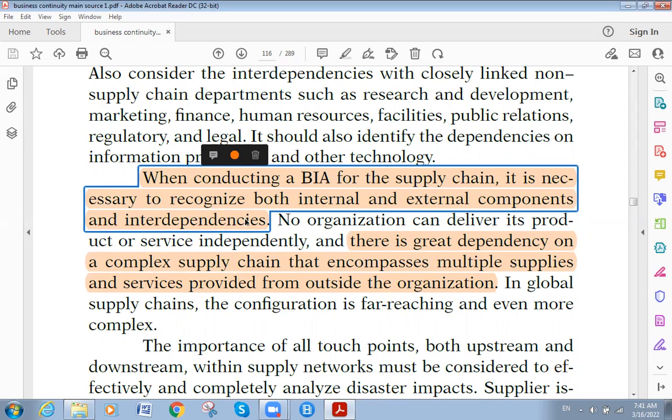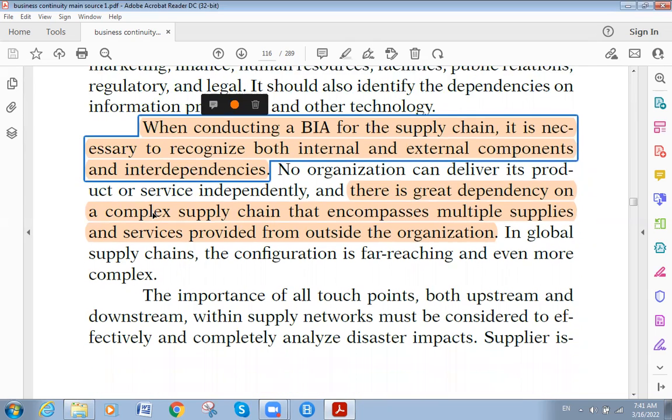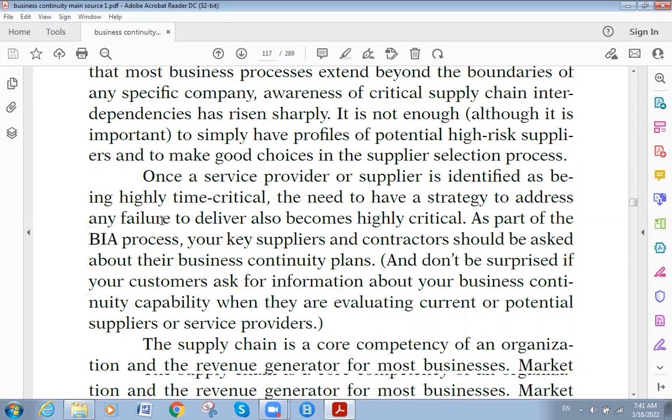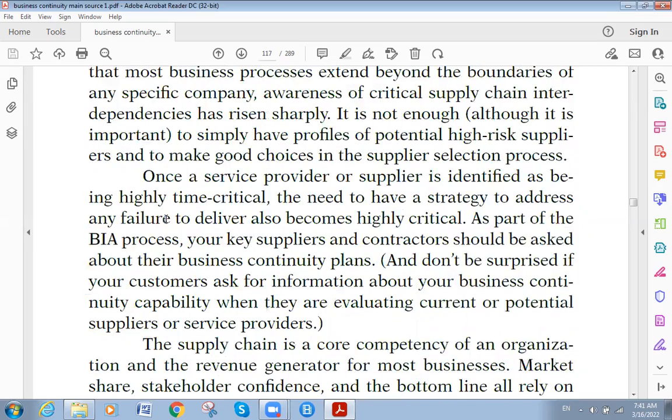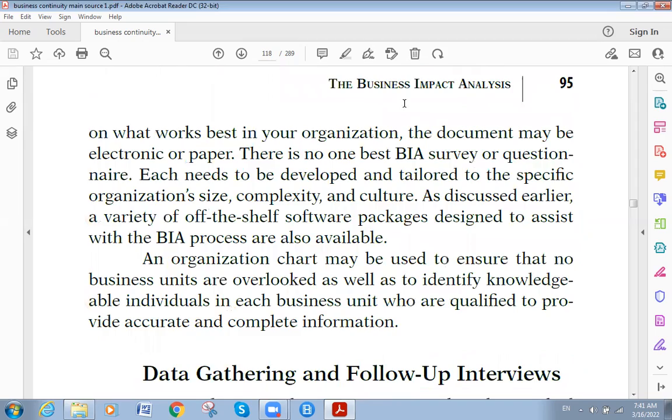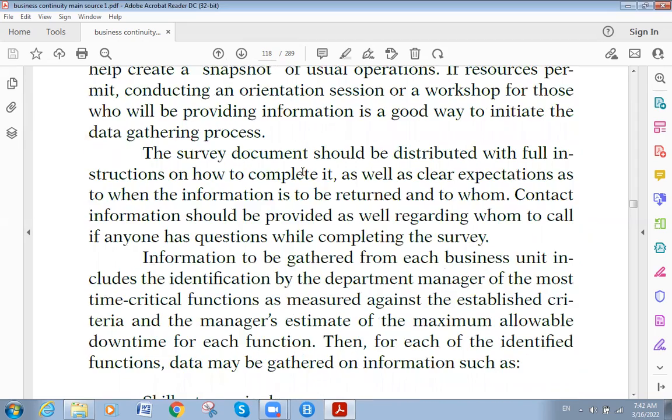Like the logistics system depends on the warehousing, and warehousing depends on the logistics system, and so on. So when we do our business impact analysis, we take into account the relationship between each of these departments and the other departments as well.